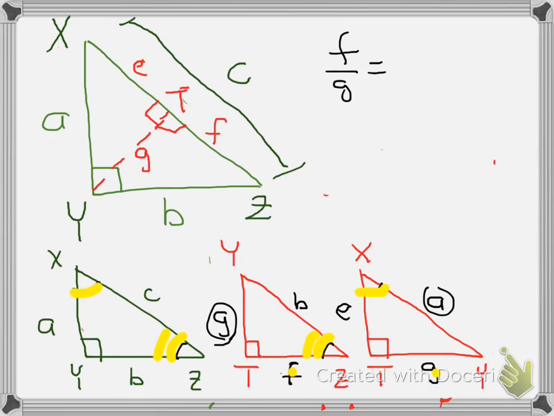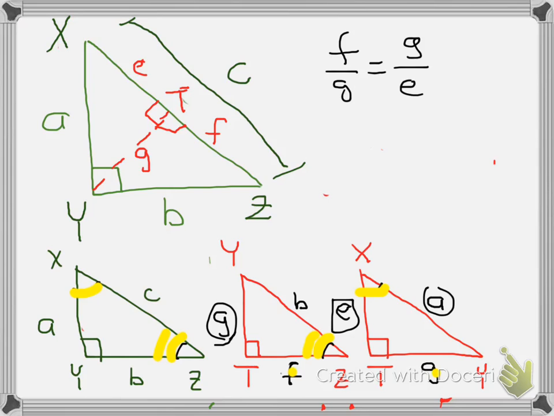The corresponding part to G would not be A, but rather would be E. So F over G equals G over E. We've got a geometric mean relationship. If you notice, that makes G a geometric mean.